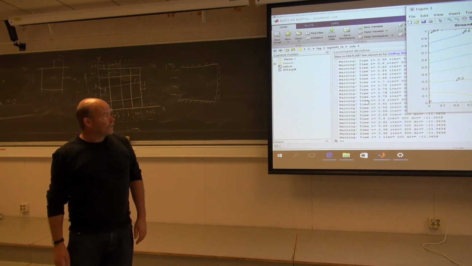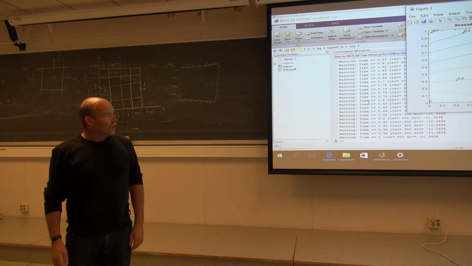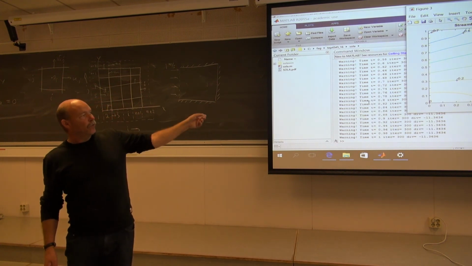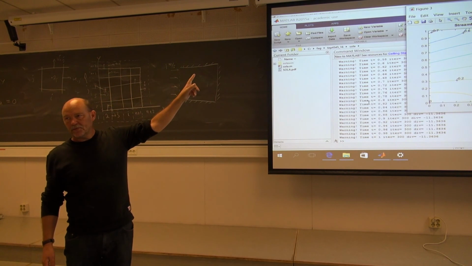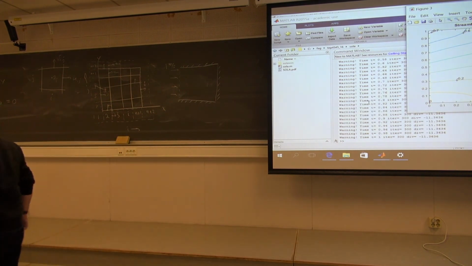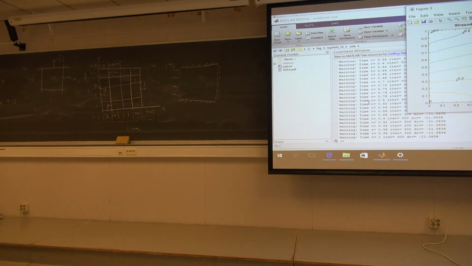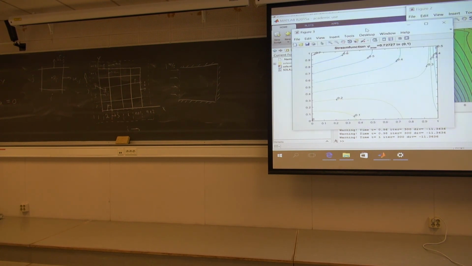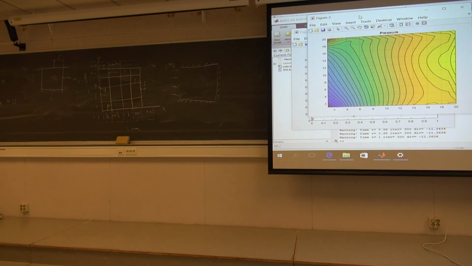And as you can see here, this stream function, here you have streamlines going straight through solid walls. Makes no sense. Of course you can't have flow straight through a solid wall. At least he's been trying to do it, but no, not possible. The pressure, well, not so easy to get anything sensible out of this one.